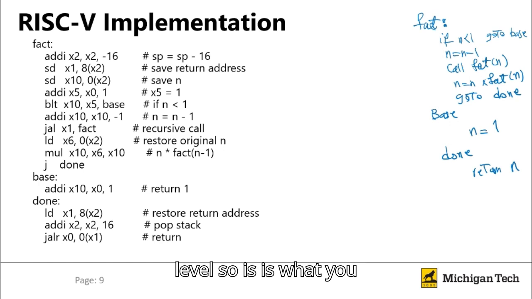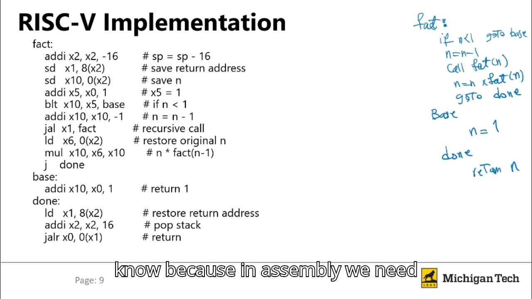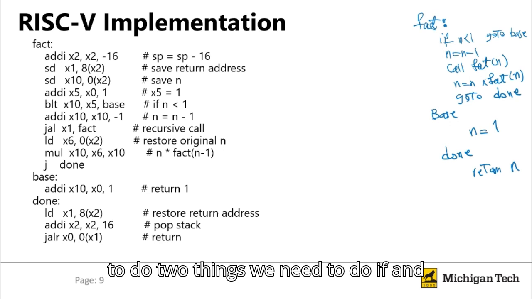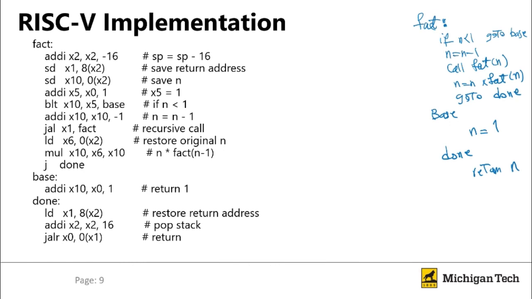In assembly we need to do two things at the same time: if and else, and recursion.